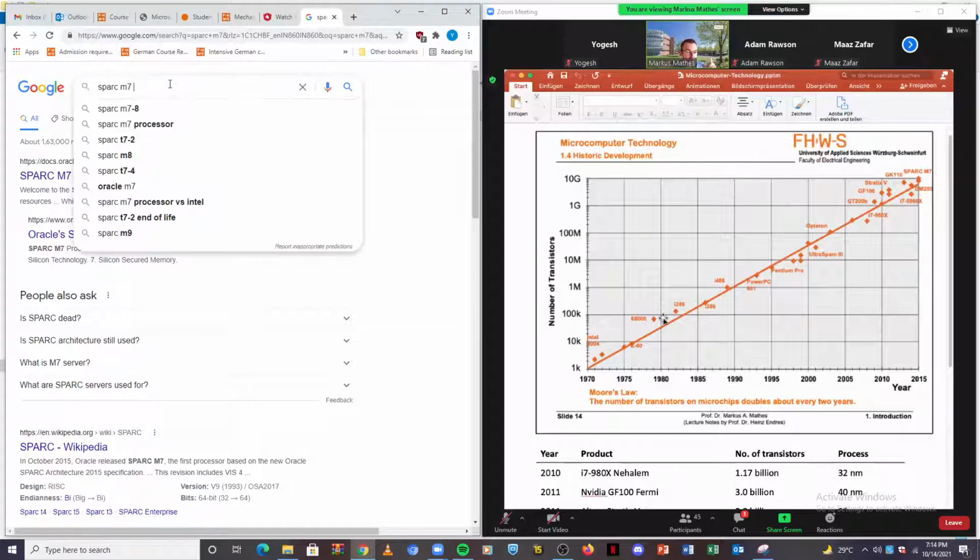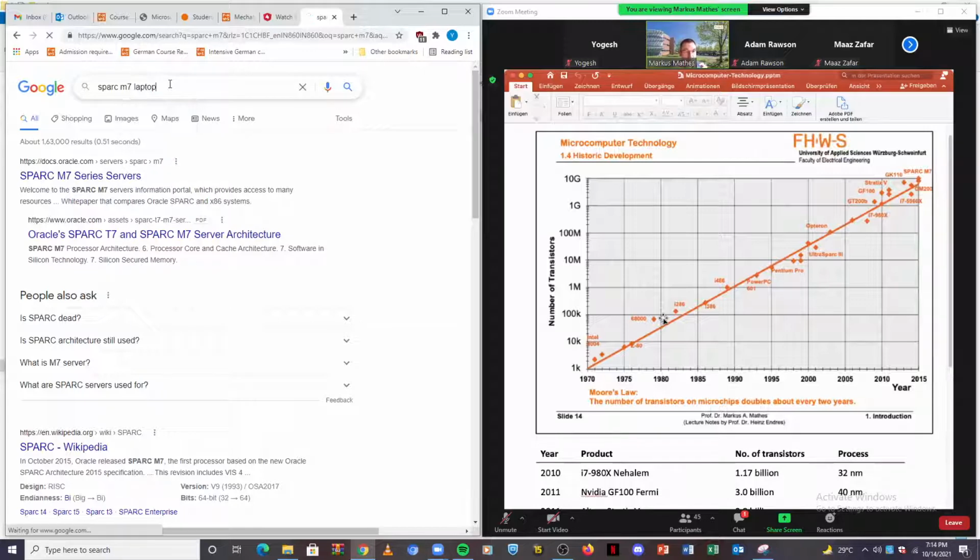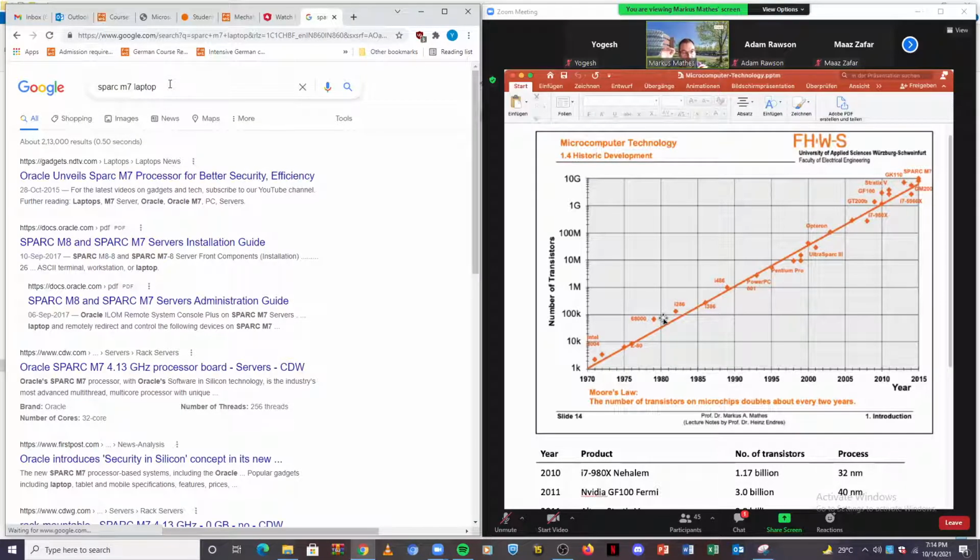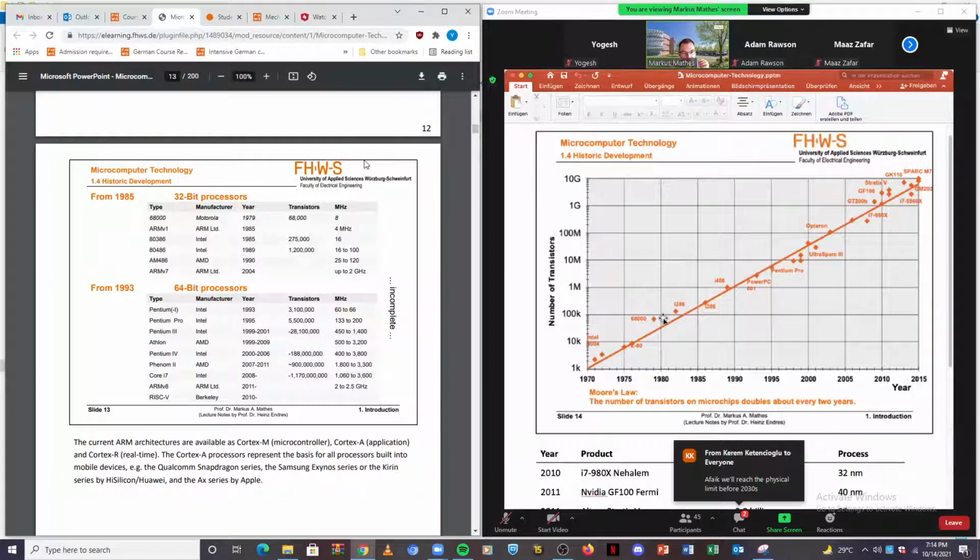And this law is still true. So we can reduce the structure size, but at the moment we are reaching the ceiling. So we reach an upper limit, because the smaller the structures are, 7 nanometers, the higher is the risk for a short circuit between the components. Because if the components are so small that there is no space in between, then the probability for a short circuit increases.